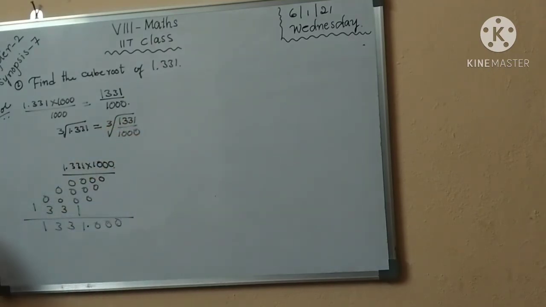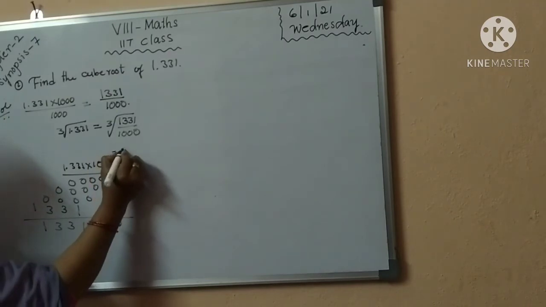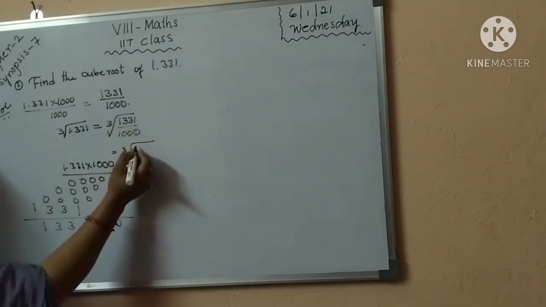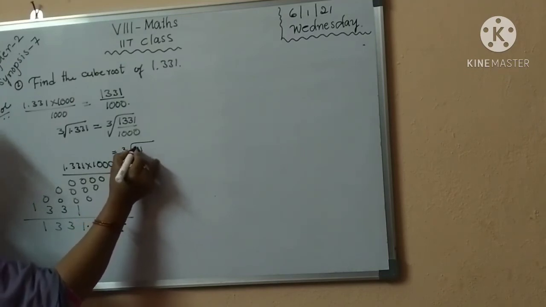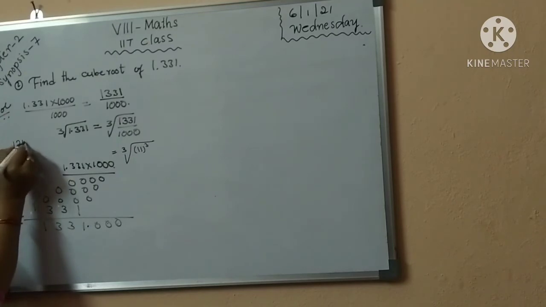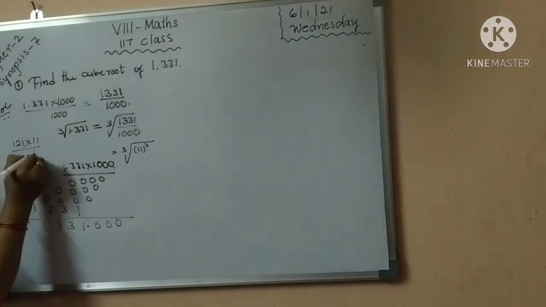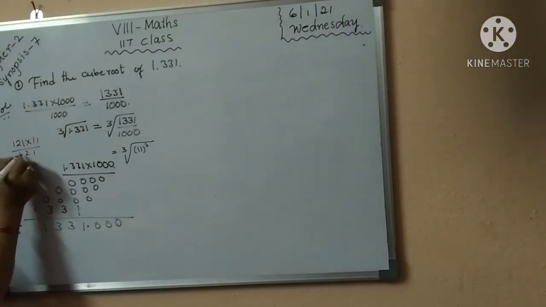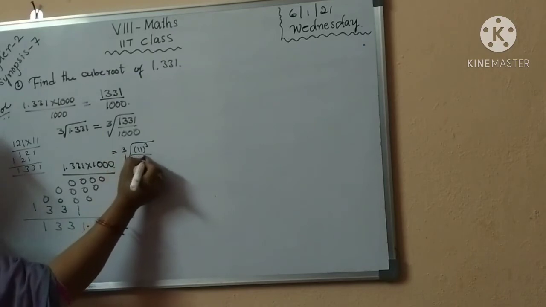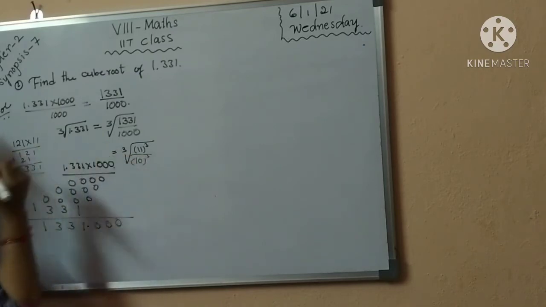Next, it is the cube root of 11 cube. 11 11s are 121, 121 into 11 is 1331. Yes, 1331 by 10 whole cube.